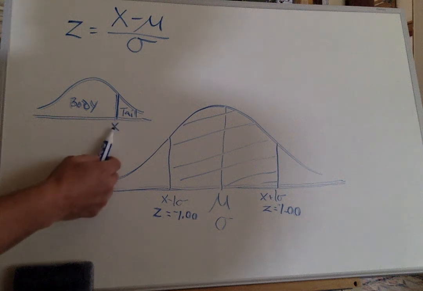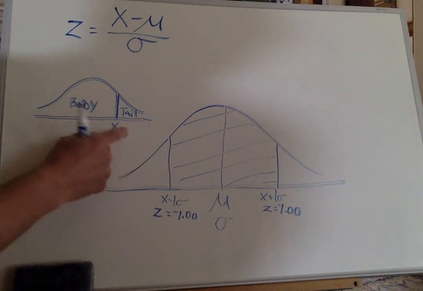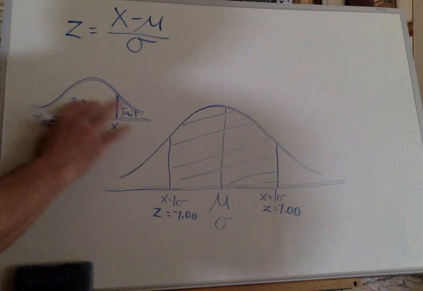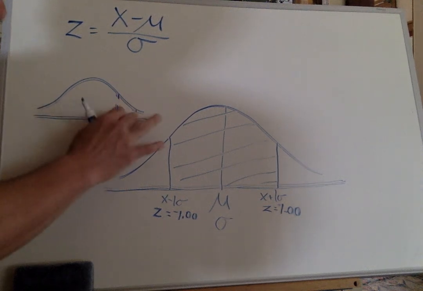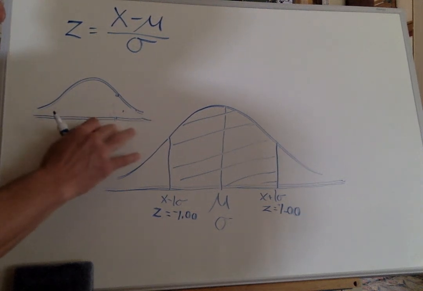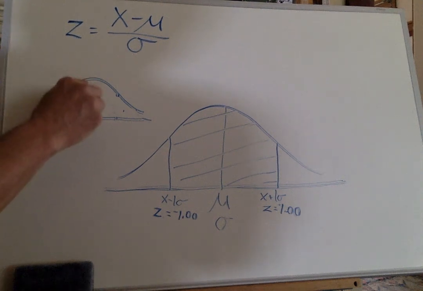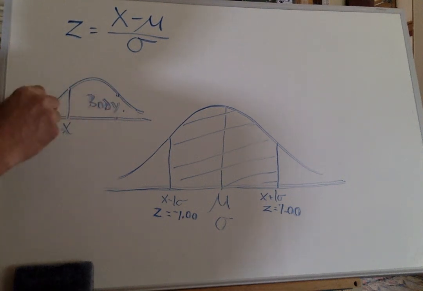Any other position on the curve will give us a larger and a smaller portion, and it's not always in this direction. If we were talking about a score down here, then this would be the body of the graph and this would be the tail of the graph.